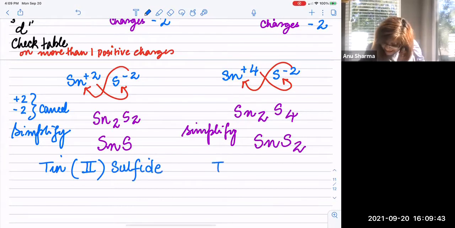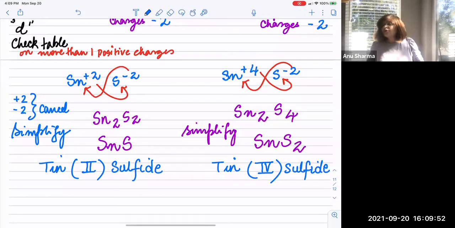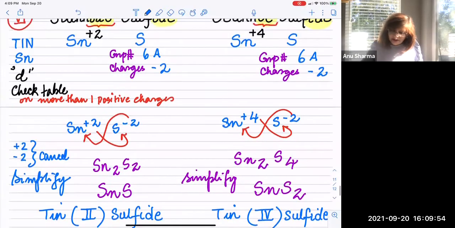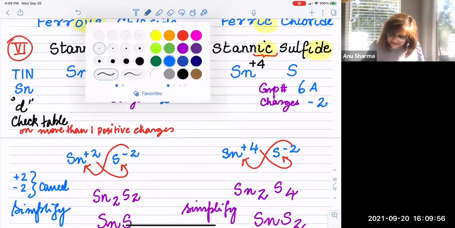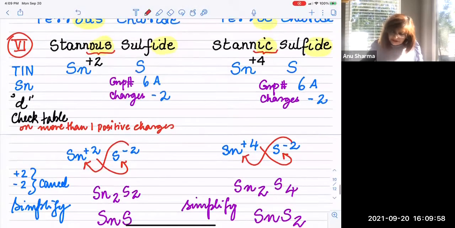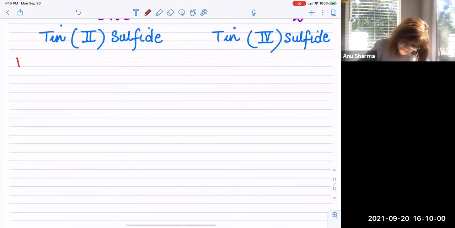The other one is tin(IV) sulfide. Okay, so you can get these with practice. Know the symbols, know the names, so those things.